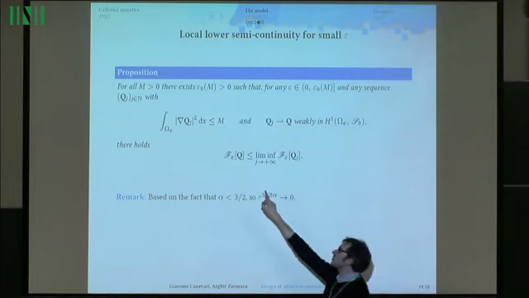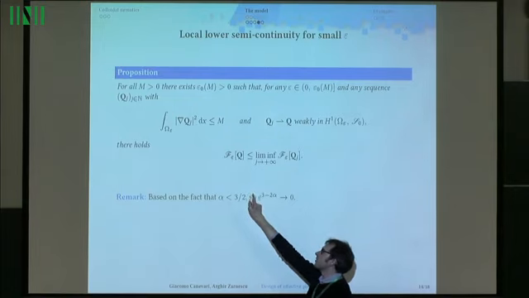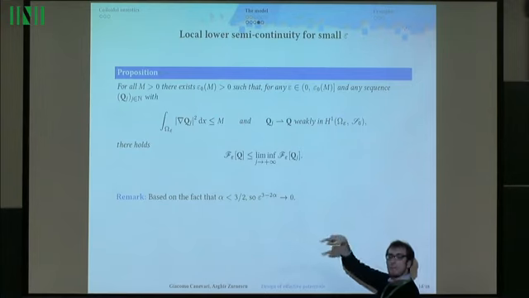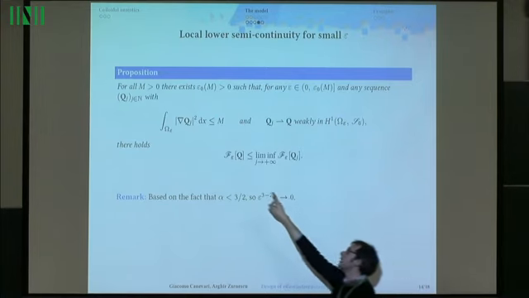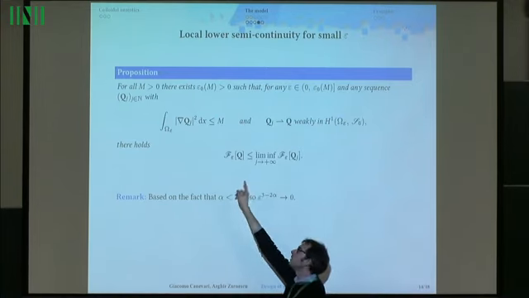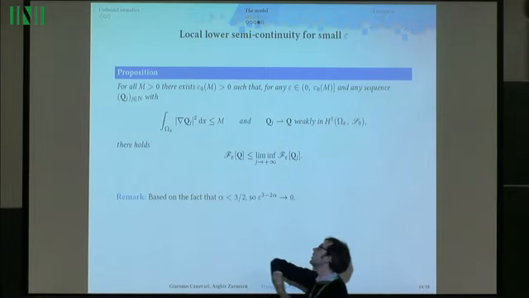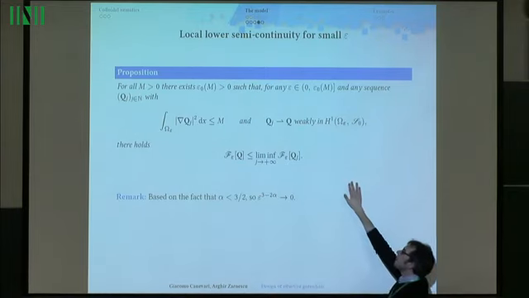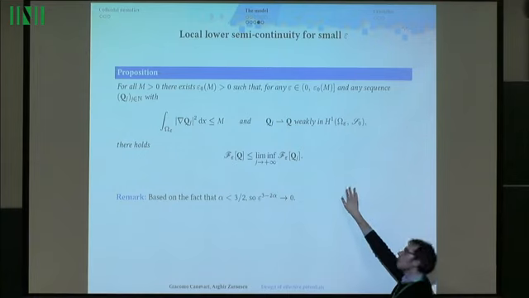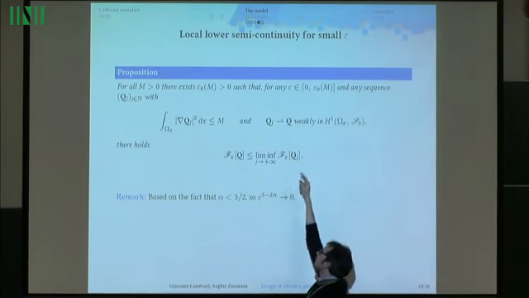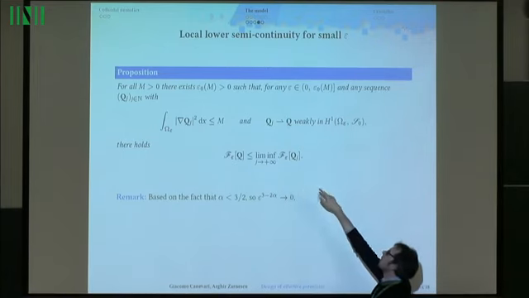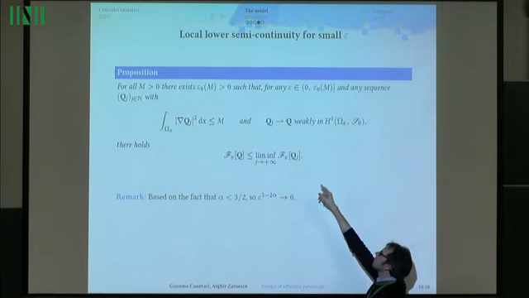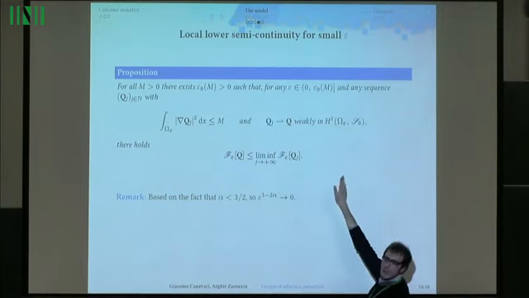Now, if we do restrict to configurations that have this gradient bound, and if we take epsilon small enough, and the smallness of epsilon will need to depend on the gradient bound, then we are able to restore the lower semi-continuity.